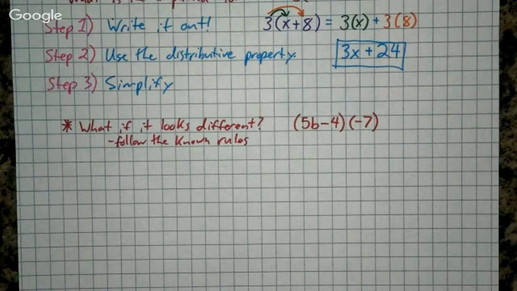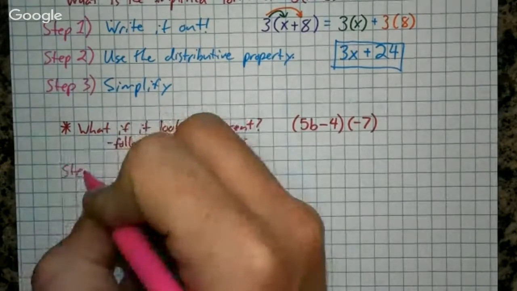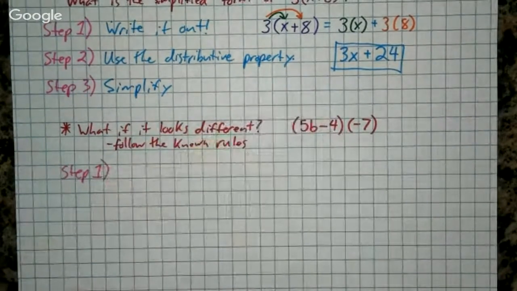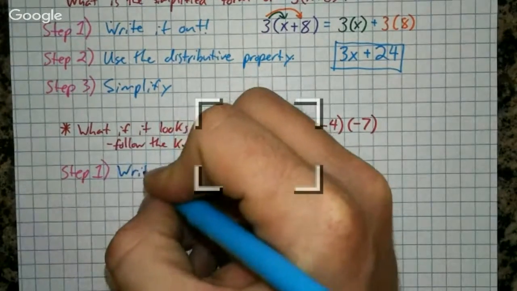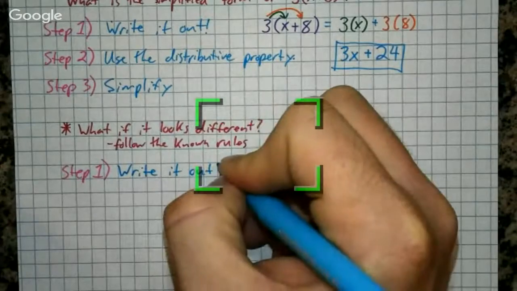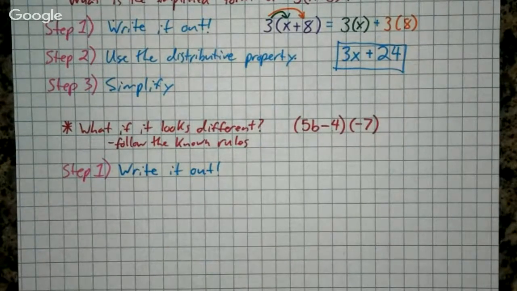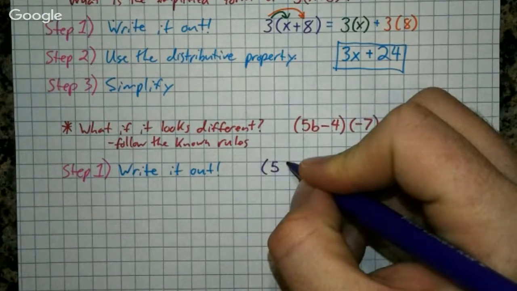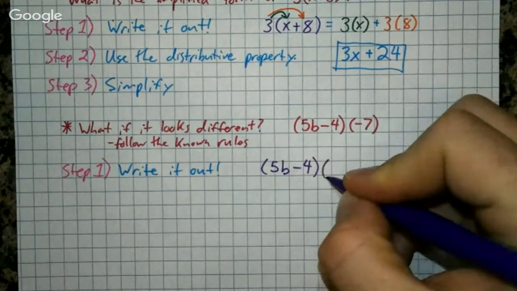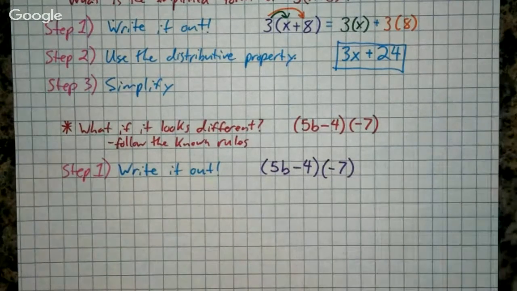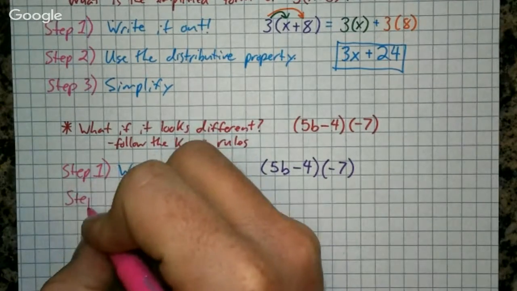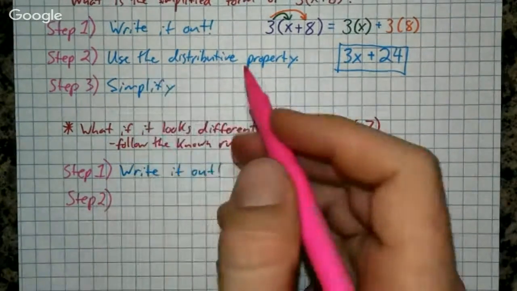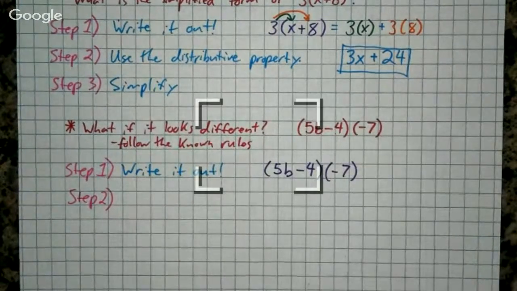So let's go ahead and go to step 1. And in step 1, we're going to write it out. It's going to be these same steps, okay? So I'm going to go ahead and write it out. 5b minus 4 times negative 7. So I wrote it out. Step 2. Look up there. Use the distributive property, right?